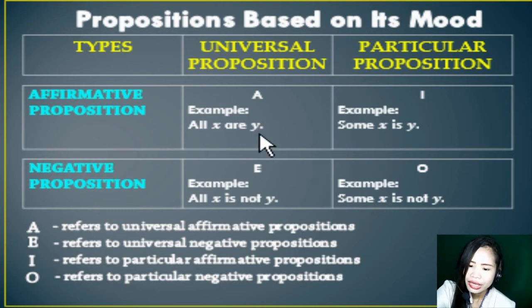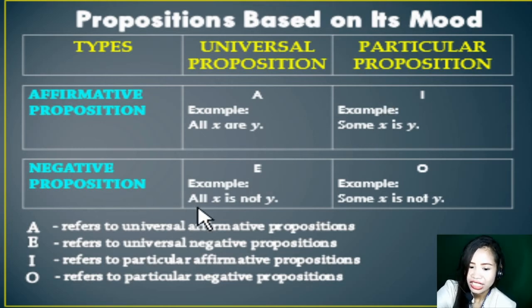So here we can observe that A refers to universal affirmative propositions. But if we use not, that means we're talking of negative propositions. E refers to universal negative propositions.